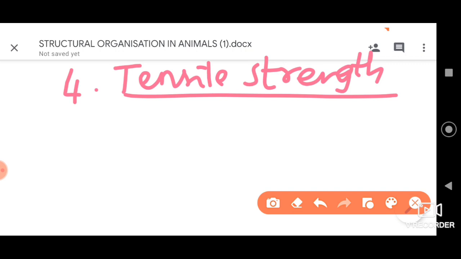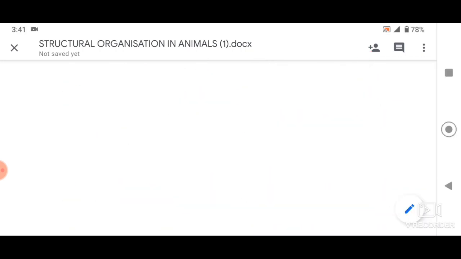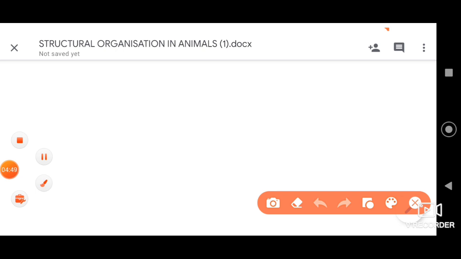So the proper movement of the body parts needs to occur. Those movements, and the strength needed for that, we generally refer to as tensile strength, which is also provided by this. So these are a few important aspects which you need to remember with respect to the first type of fibrocartilage, that is white fibrocartilage.